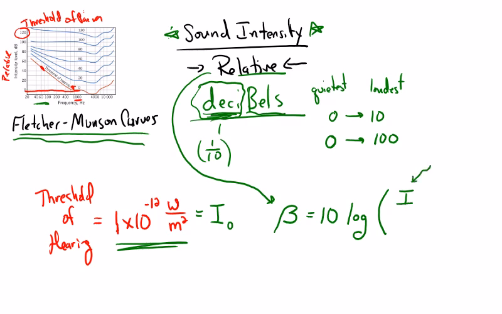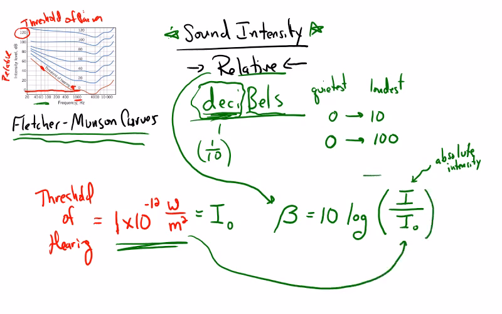So this is your absolute sound intensity, and it's related to the threshold of hearing. So this is the number on the bottom. And when you put everything into this, you can actually calculate the relative intensity, and it will be in decibels.